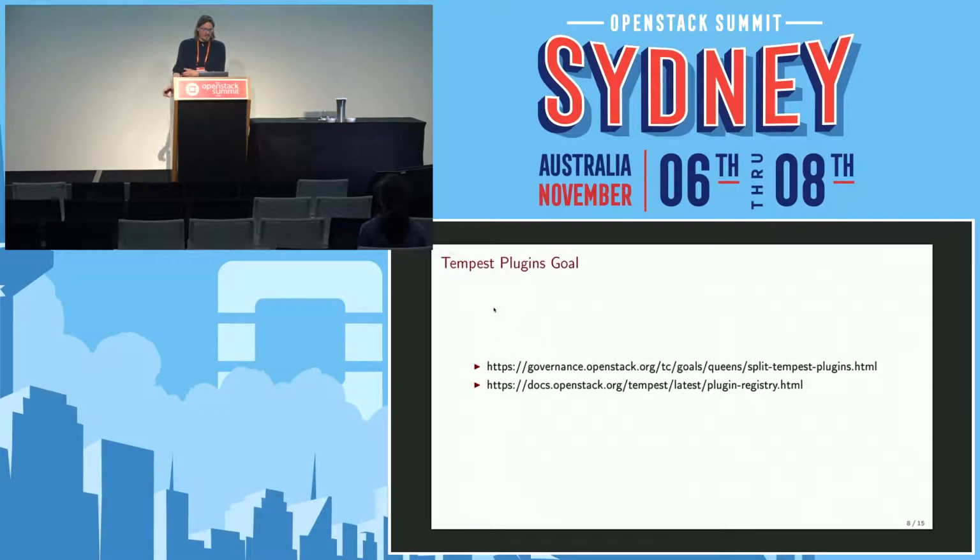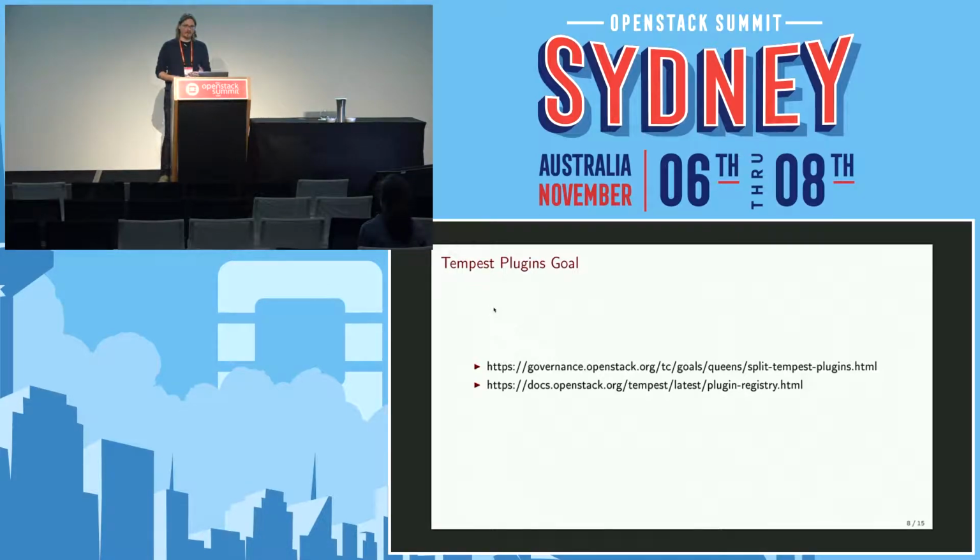So one thing that is happening in the Queens cycle is that we have a community goal for Tempest plugins to be hosted in dedicated repos, so not in tree. The reason we propose this goal is that if Tempest plugins are hosted in a dedicated repo, they can be installed as a Python package. They can have dedicated requirements. They don't have to be installed along with the main projects they aim to test.